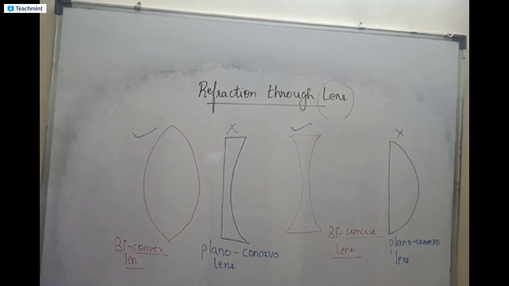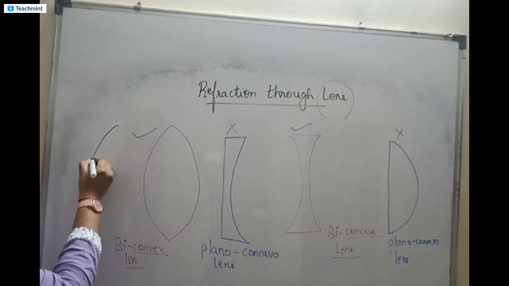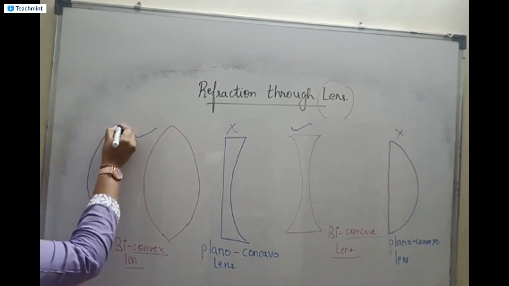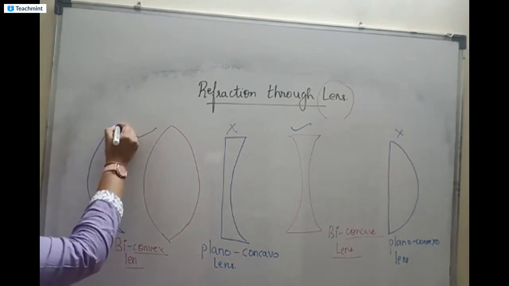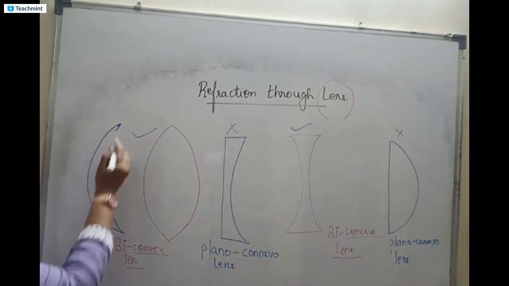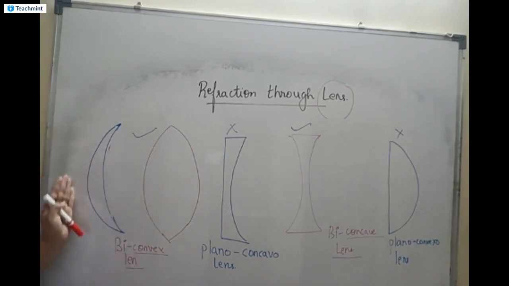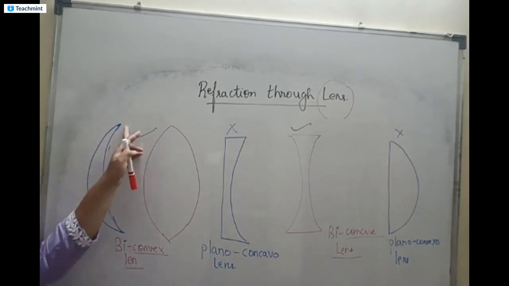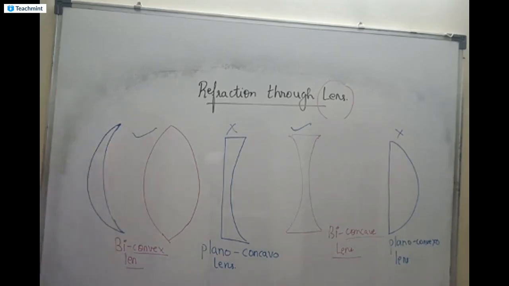Can you guess the lens which is of this type, like a crescent moon? What should you call this? This kind of structure. See, two parts of the lens always. The left part is bulged and the right part is curved inside. So what should you call this kind of lens?